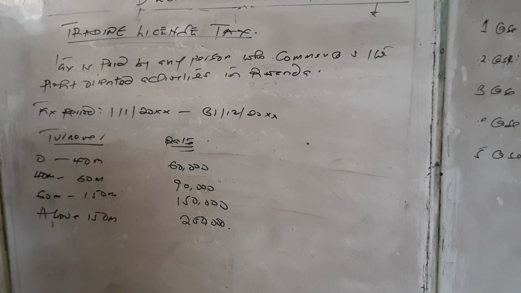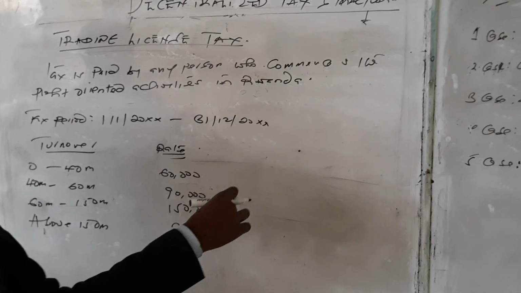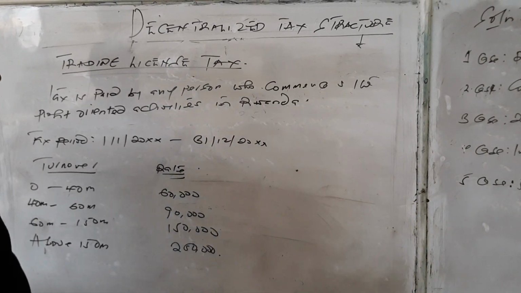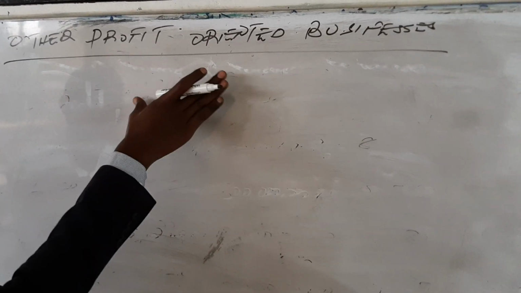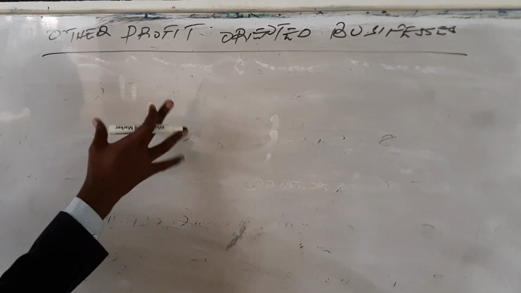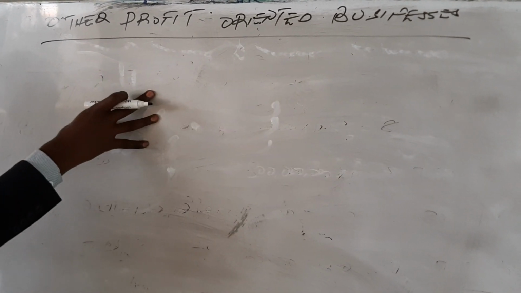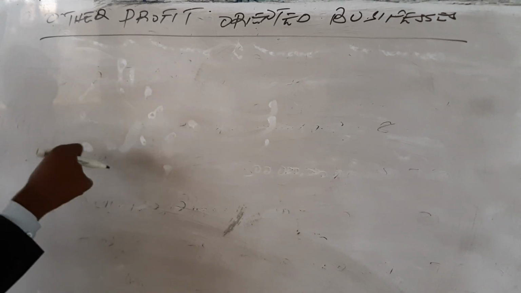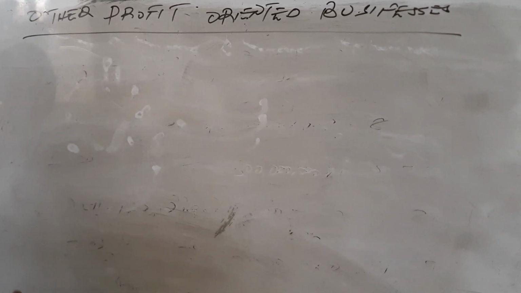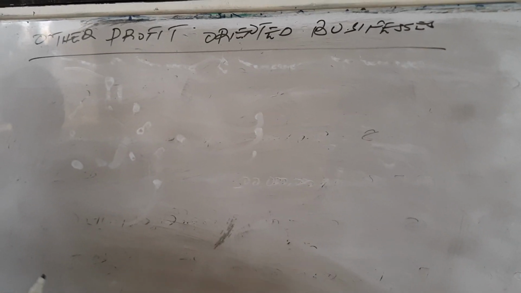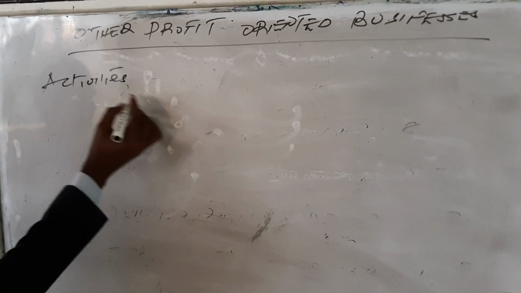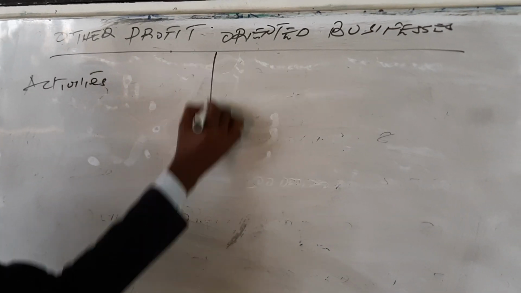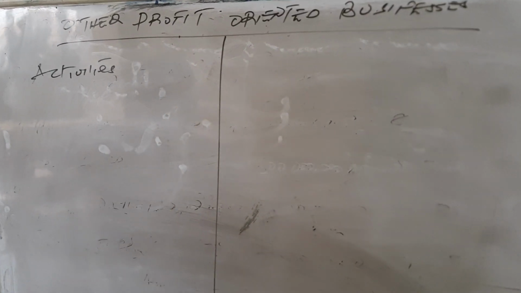Another thing we need to look at is other profit-oriented businesses. Here we need to consider the economic activities being carried out, and the place where those activities are being carried out.